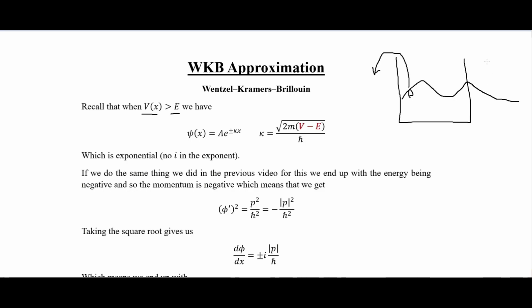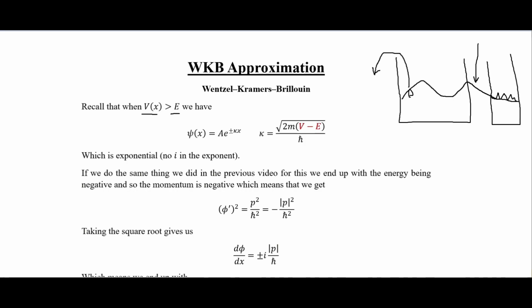Say we had another well right here, you could then end up having the particle tunnel into that other potential well, and that is quantum tunneling. That's why this is called the non-classical region, because the particle actually exists in some sense here where the energy is not enough to get over the potential.